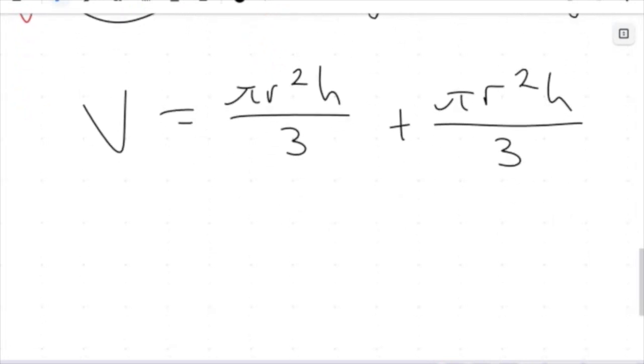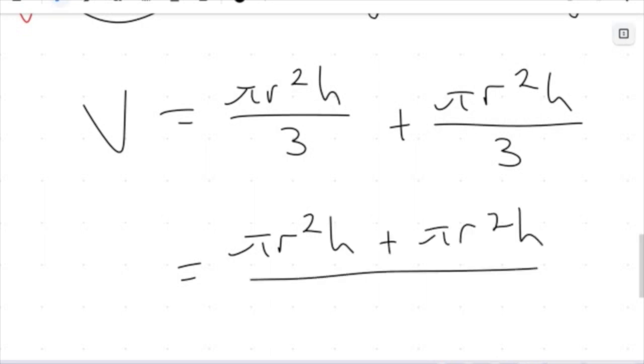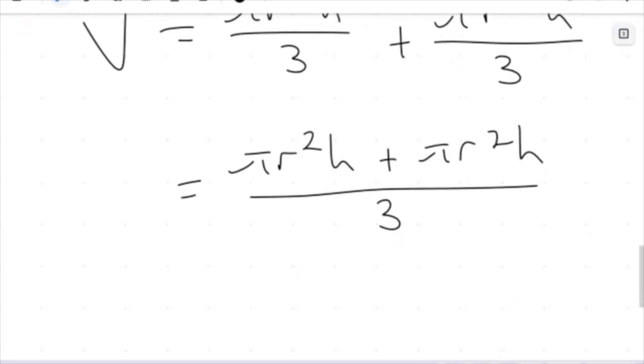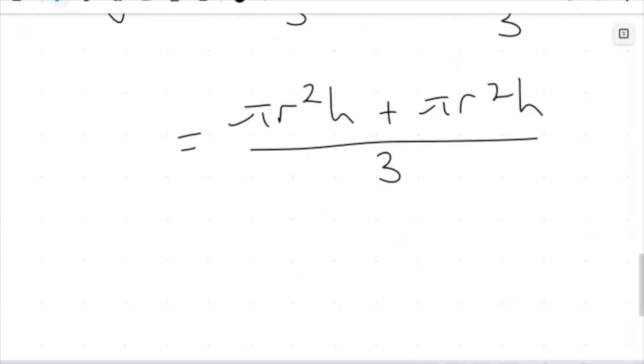Okay, so notice here I'm adding this identical thing with this identical thing. So this is like saying, well, pi r squared h plus pi r squared h all over 3. Because when we add fractions, as long as we have the same denominator, we can just add the numerators.